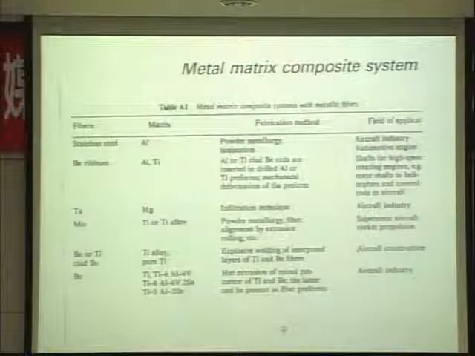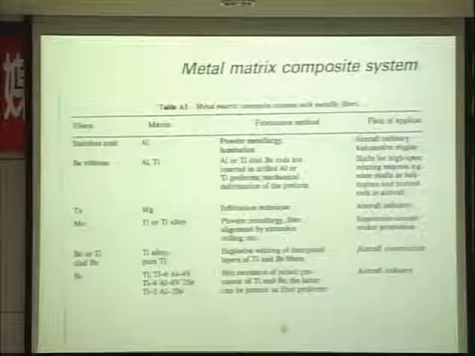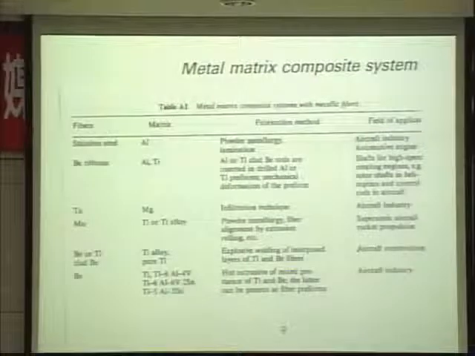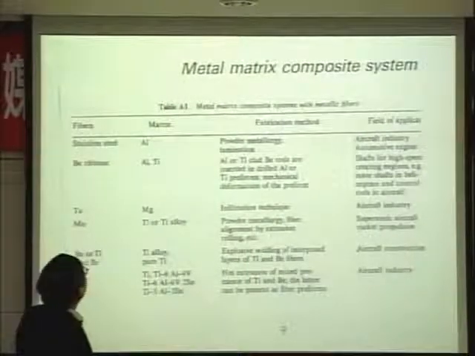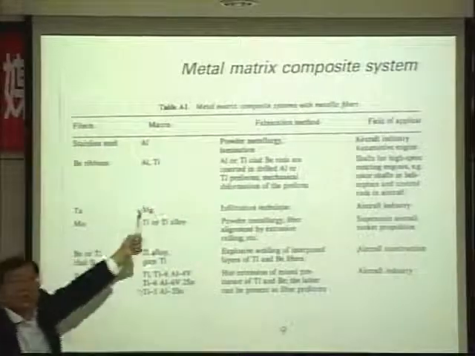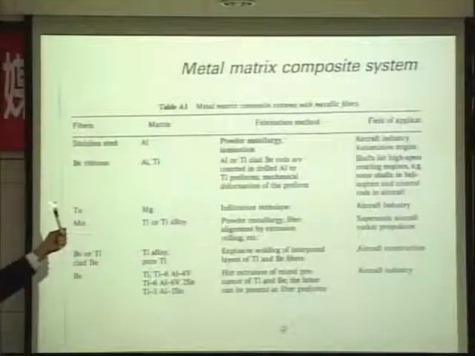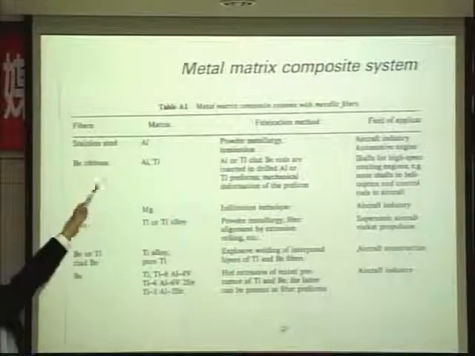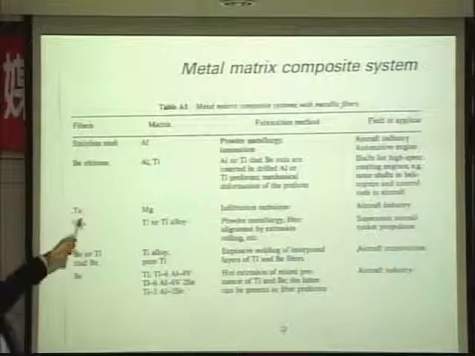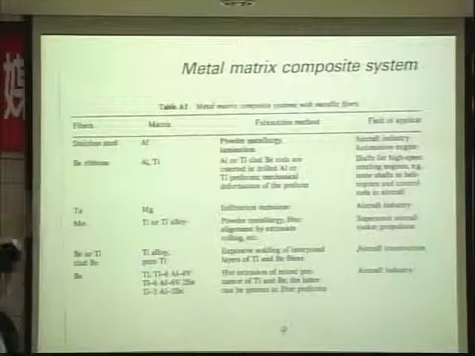And the table below shows the real applications and the real metal matrix composite materials that have been made. Aluminum, we know it is lightweight, but strength is not so good. So they use stainless steel fiber, put it in between, and try to make it. This is in very old times.